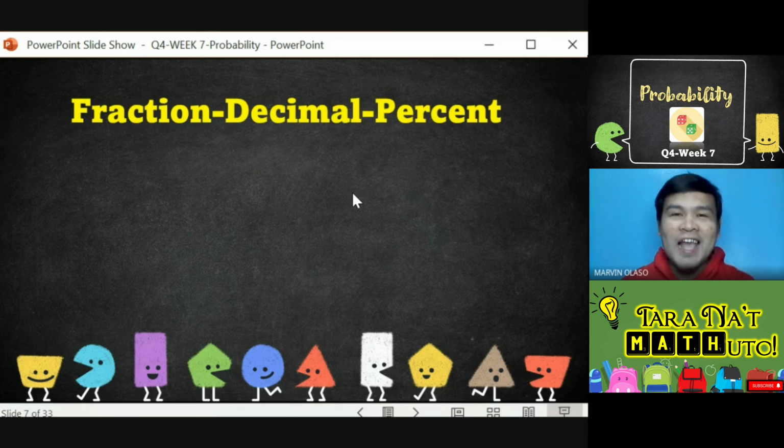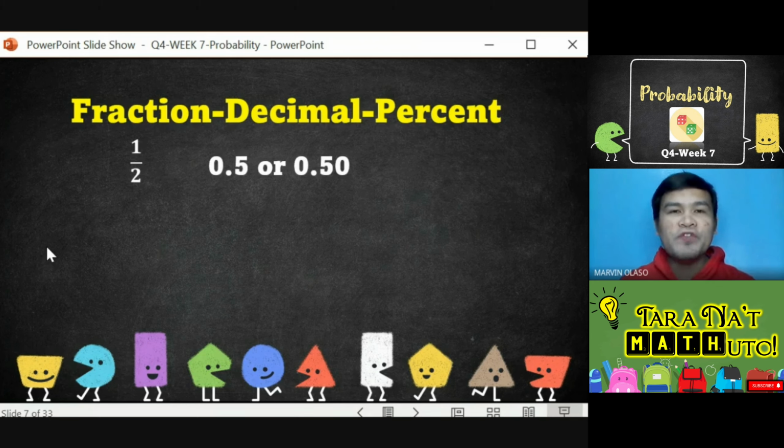I hope naalala nyo pa kung paano i-change ang mga sagot na yon because you will use that in this topic. For example, if we have 1/2, that means it is equal to 0.5 or 5/10 or 50 hundredths or 0.50, which means kaparehas lang din yan ng 50%, kalahati.